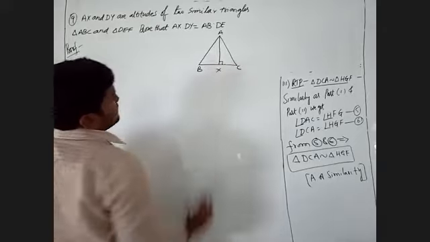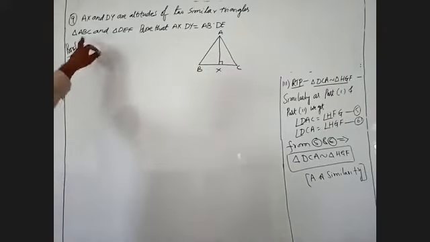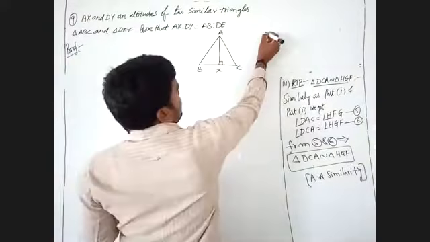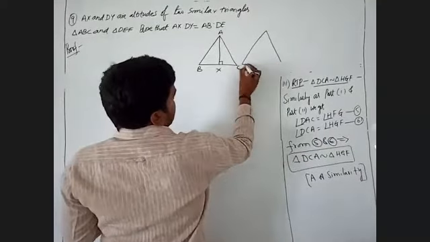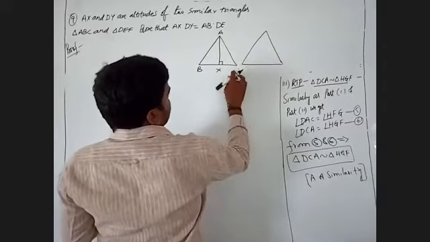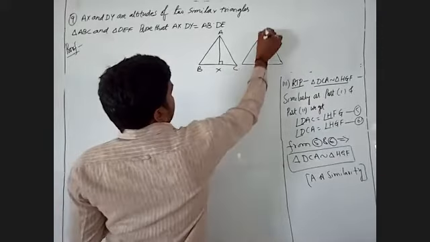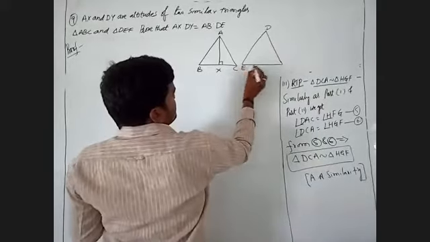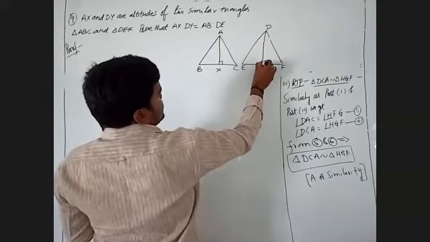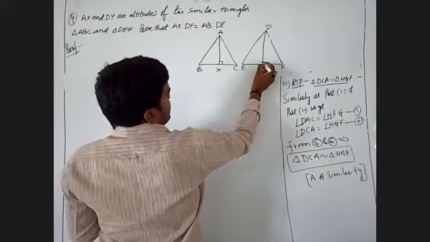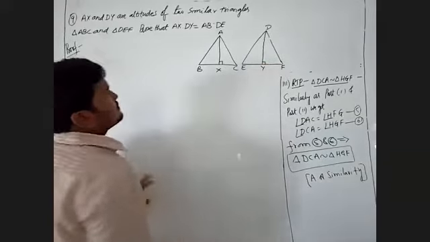We take AX as the altitude of triangle ABC. After that we take another triangle named triangle DEF. This is D, this is E, this is F. Here, DY is the given altitude.